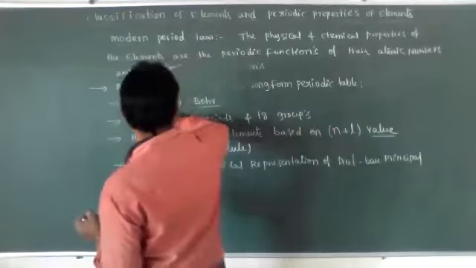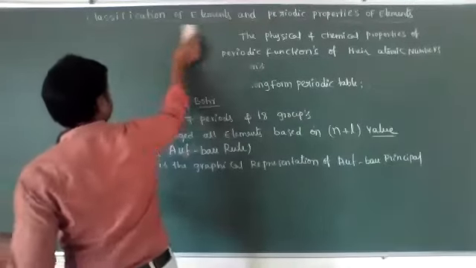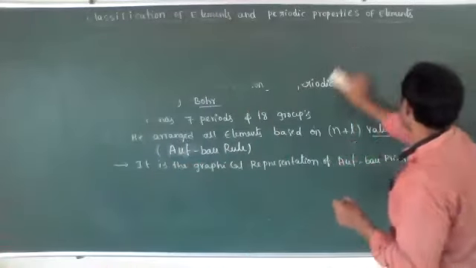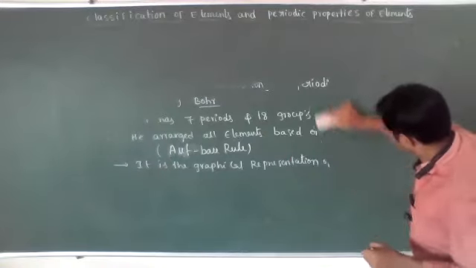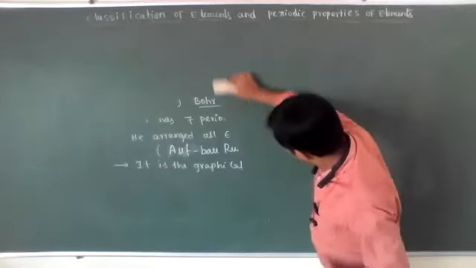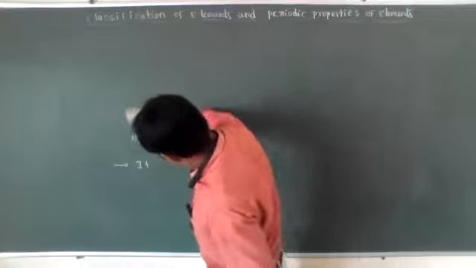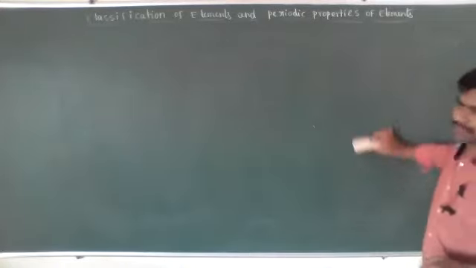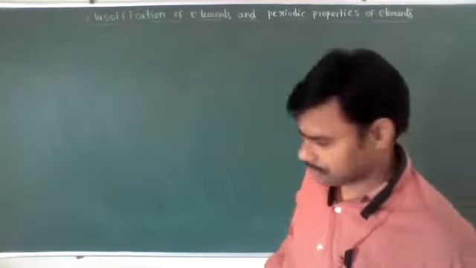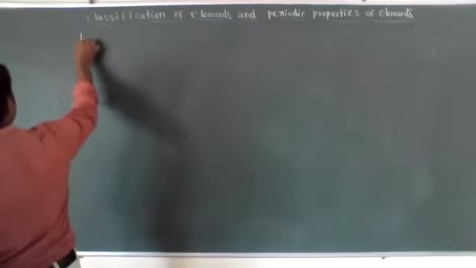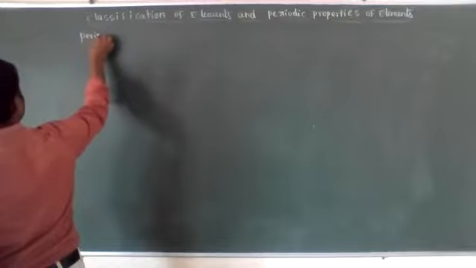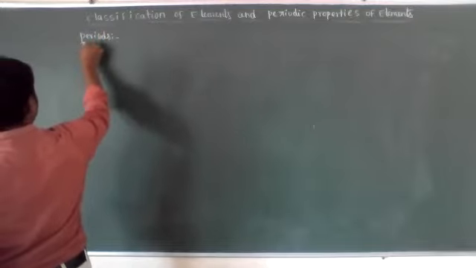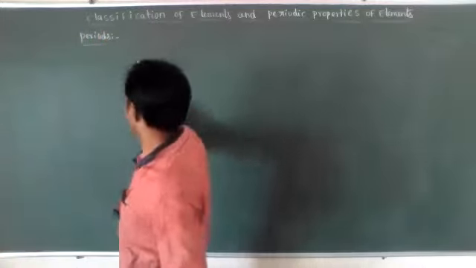Now let's see. Periods are nothing but horizontal rows.